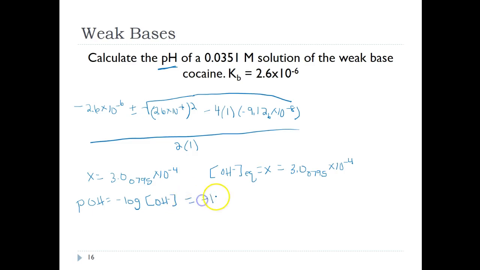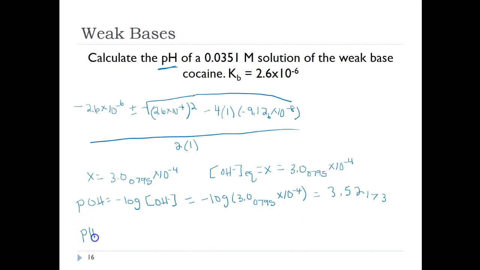So negative log of 3.00795 times 10 to the negative 4th. And what I got there was 3.52173, keeping a few extra digits. But I need to get this to pH, not pOH.